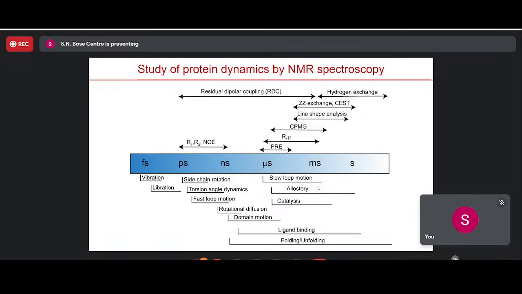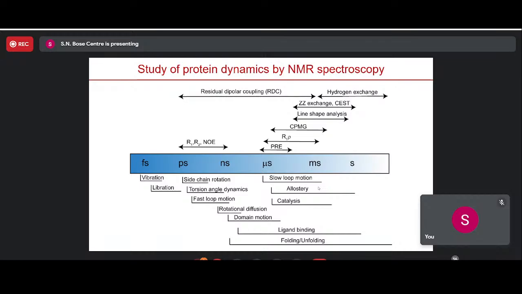Torsion angle dynamics and fast loop motions happen in the picosecond to nanosecond time scale. Ligand binding or substrate binding to enzymes or proteins, allostery, and catalysis happen in the slower microsecond to millisecond time scale. And protein folding and unfolding happen in the slow millisecond to second time scale.